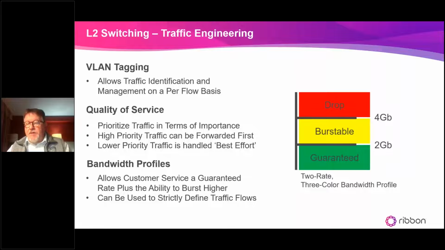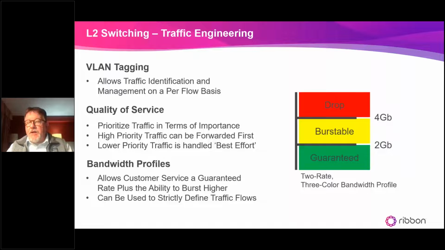So this might be an accounts payable department. They upload everything from all their remote locations up to a hub site once a month. This might be a hospital pushing health records. It could be virtually anything, but the point here is that they are paying a rate that gives them 2 gig, and then they can burst up to 4 gig.